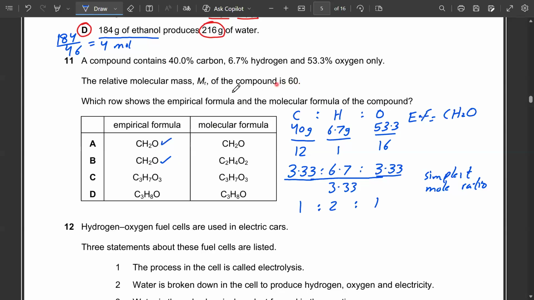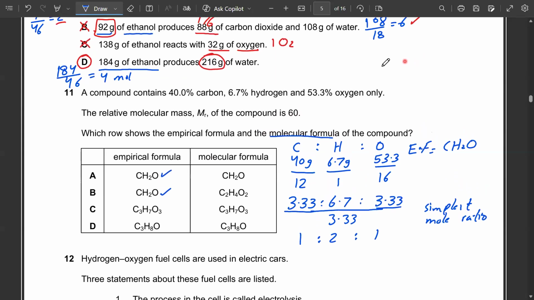The next part is to also find the molecular formula. And we remember the steps involved in molecular formula determination. First of all, you find the value of n, which is a multiplier equivalent to molecular mass divided by empirical formula mass. The Mr is given, which is 60, and the empirical formula mass for this will be 12 plus 2 plus 16 equals 30.